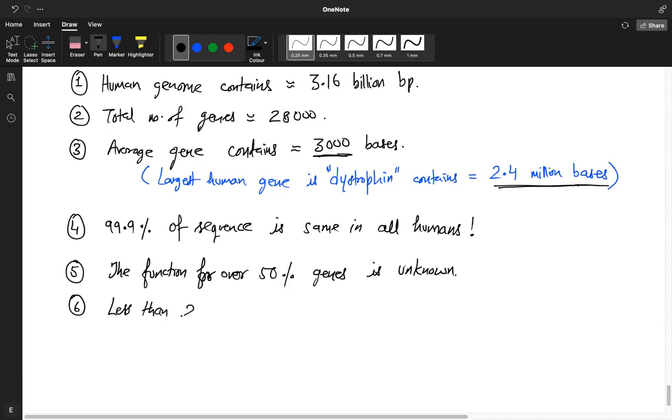Less than 2%, 1 point something percent. So less than 2% of genome codes for proteins or is cistronic. You understand? Now you understand cistron, right?